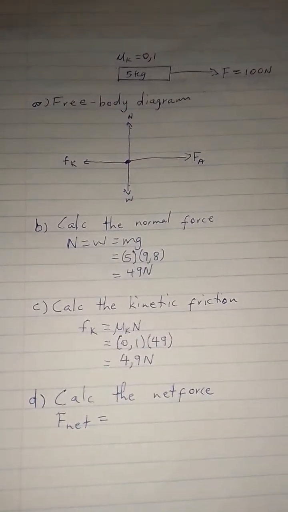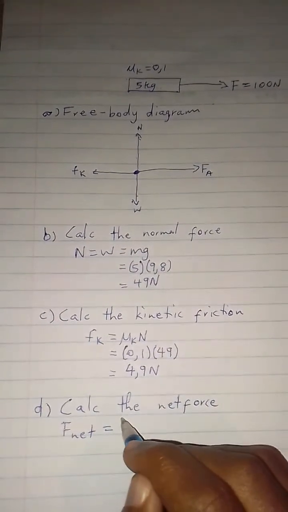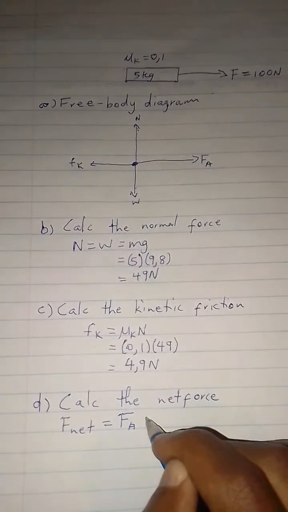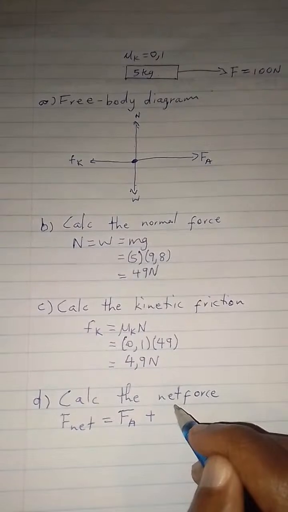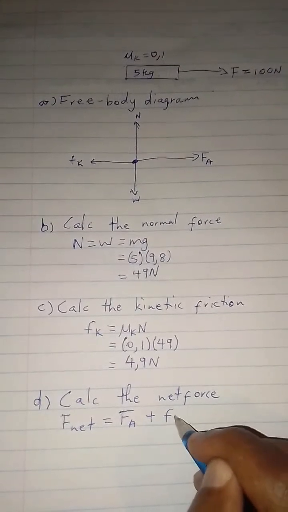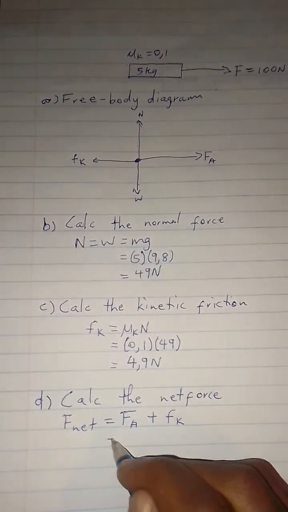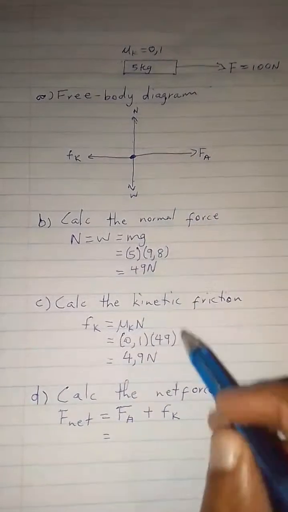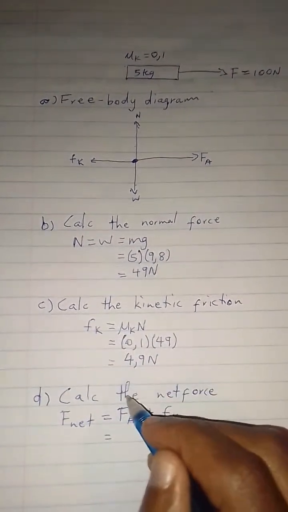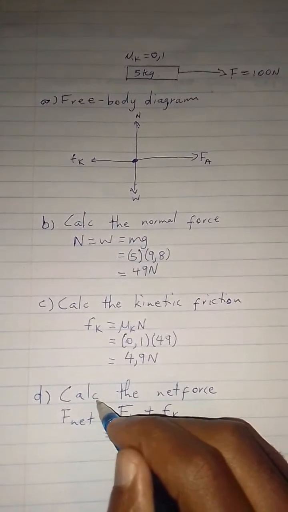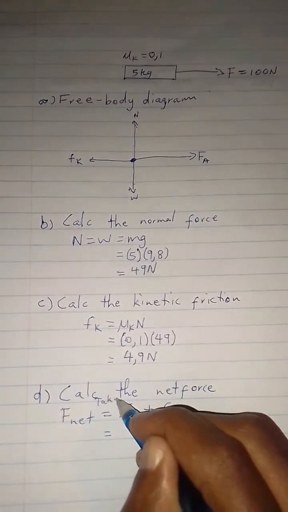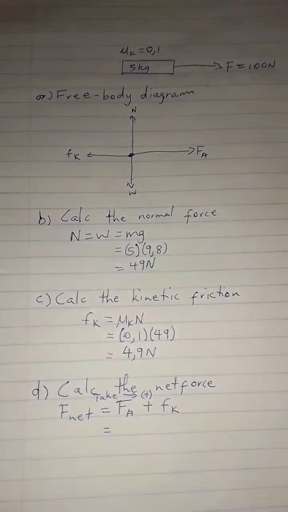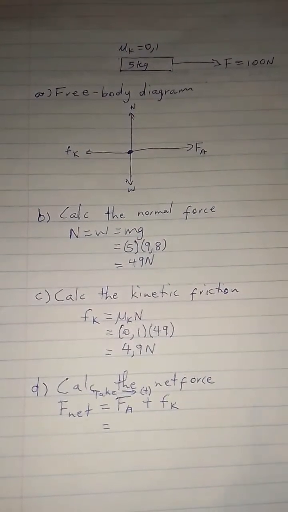There are only two forces that are acting horizontal, so we have FA on the diagram plus FK. So the applied force, we are given the applied force on our diagram. It's 100. So let us choose the direction. You need to choose the direction. Take right as positive. I like to choose the direction where the object is going. This one is going to the right, so I'm going to take right as positive.